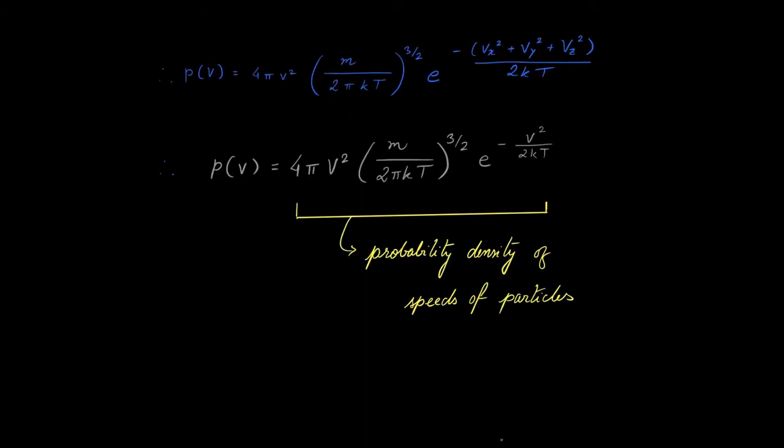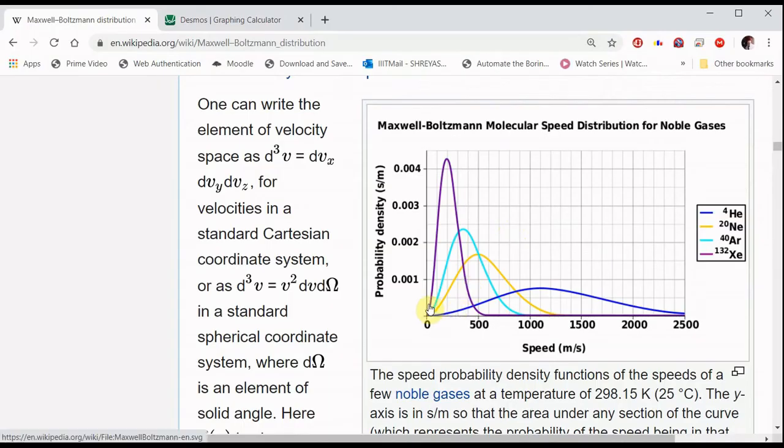So in the same way, you can pass a probability density to a computer and tell it to pick the speeds from this probability density. And that is what it means in this probability density. It means that particles in this range have a higher probability of turning up.